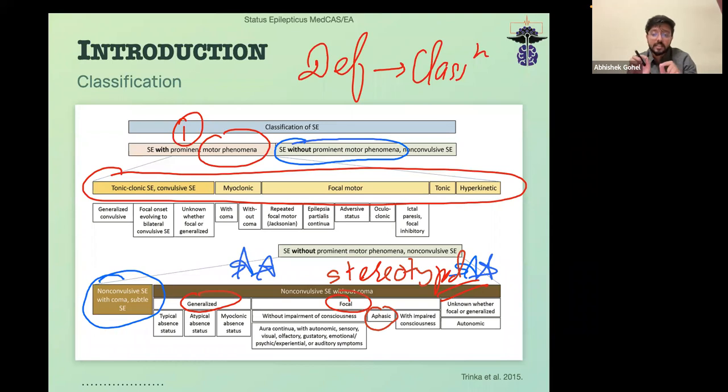So it is the same kind of visual hallucination which keeps coming and going. If it is stereotyped, you should suspect an epileptic activity going on if a patient comes with such symptoms.